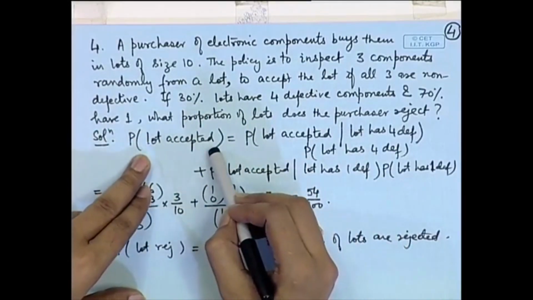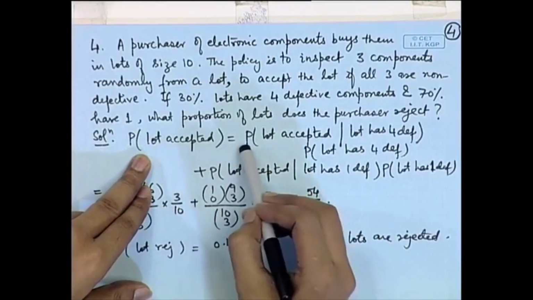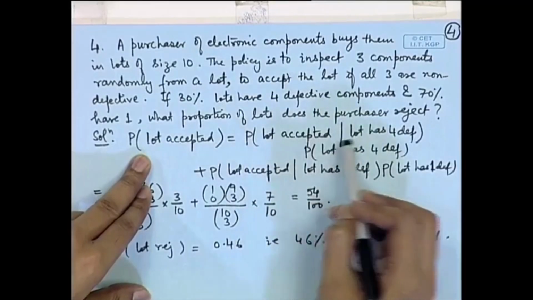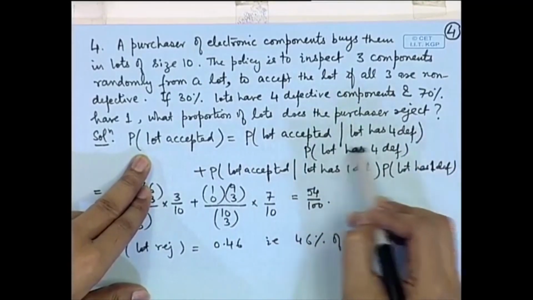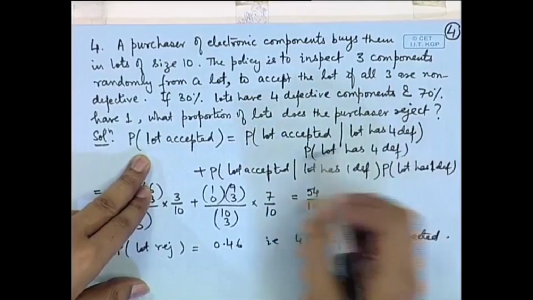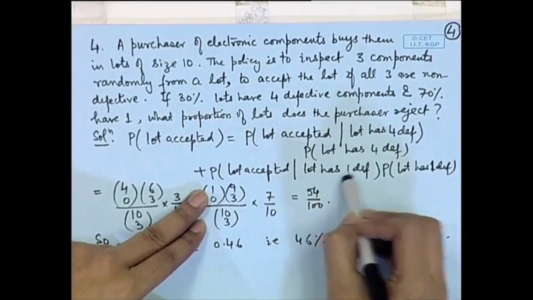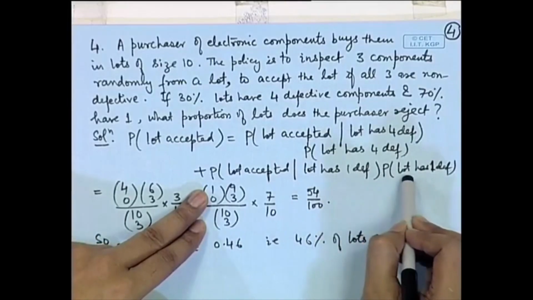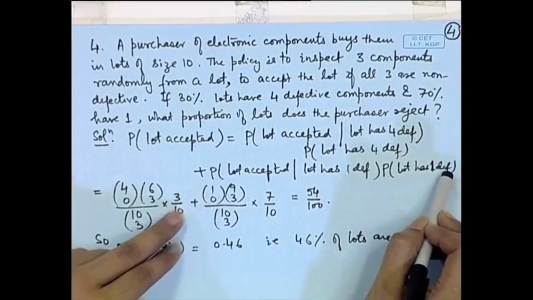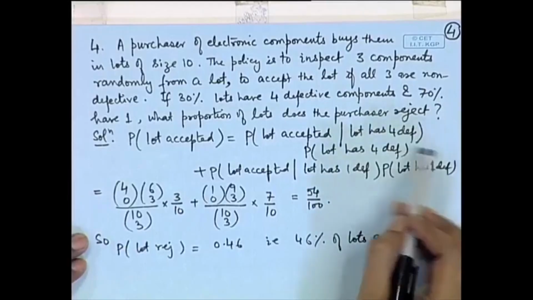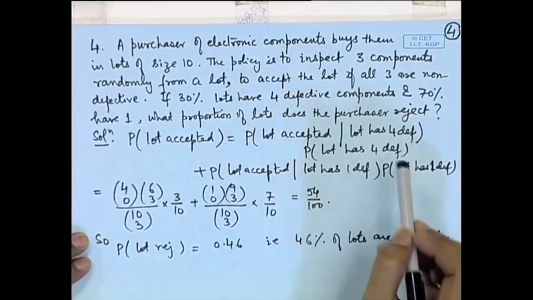So, we can apply the theorem of total probability. The probability that the lot is accepted given that the lot has 4 defectives, times the probability that the lot has 4 defectives, plus the probability that the lot is accepted given that the lot has 1 defective, multiplied by the probability that the lot has 1 defective. Now, we evaluate these probabilities.